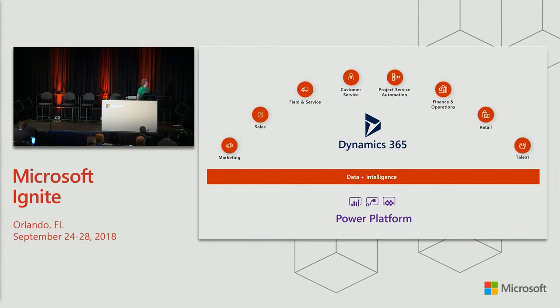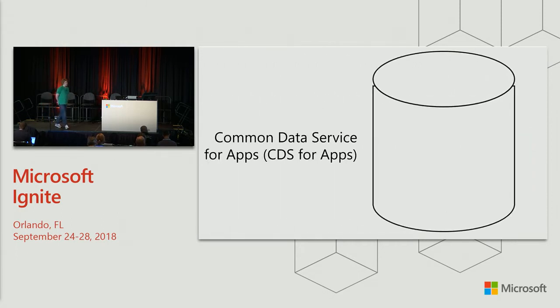Over the top of that, we're able to support with the Power Platform a broad set of applications that you guys may know, such as customer service, sales, marketing, talent, project service, so on and so forth. And what we're going to do today is really talk about how this can also support your app. Because with CDS and with the Power Platform, we're bringing to you the exact same platform that we use to operate our own Dynamics sales, service, marketing, talent businesses on a day-to-day basis.